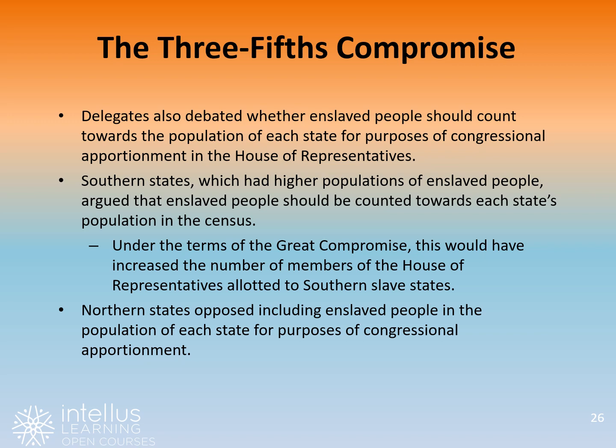However, under the terms of the Great Compromise, this would have increased the number of members to the House of Representatives allotted to slave states in the South. Northern states opposed this because it would make each state's population disproportionate.